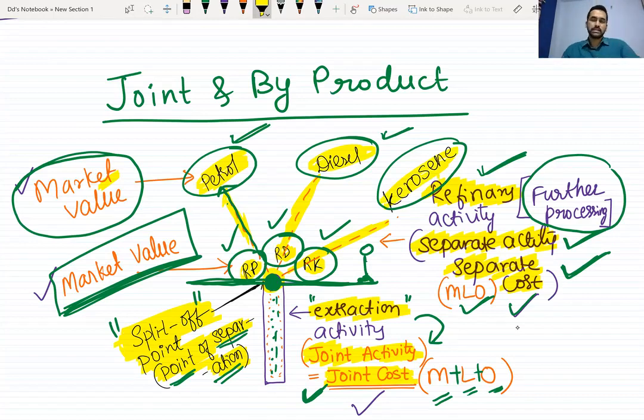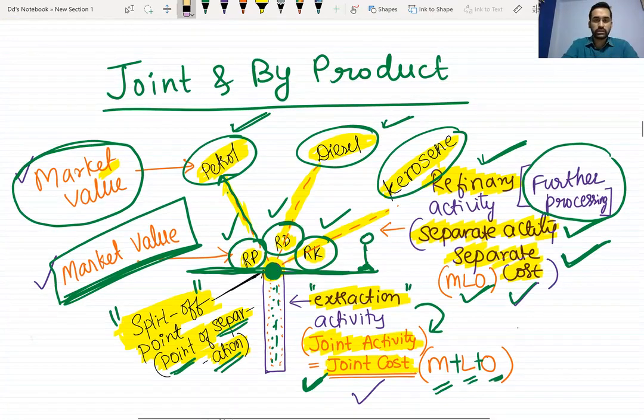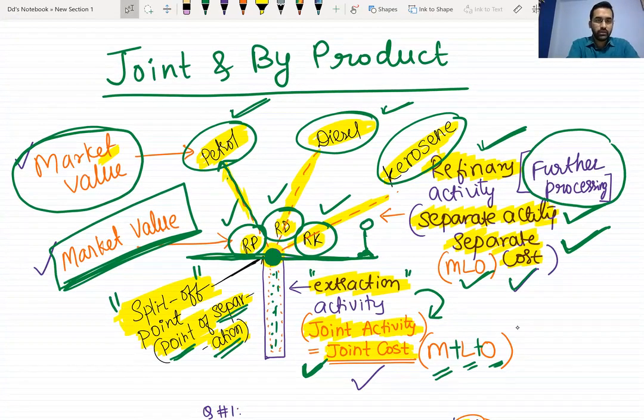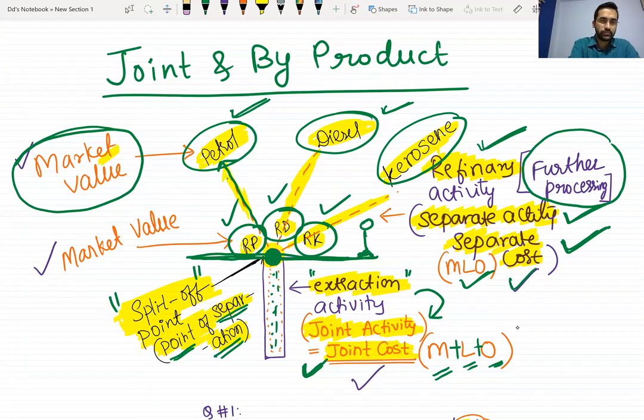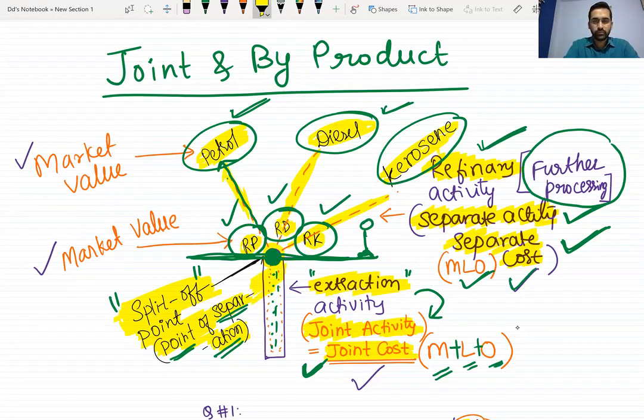Got it? Yes. I want you to draw this now. Okay. I will explain accordingly. You draw. First, draw a straight line for earth land level, all of you. Then draw this part I'm highlighting now. Extraction activity.